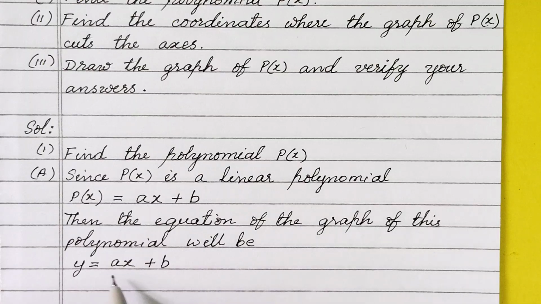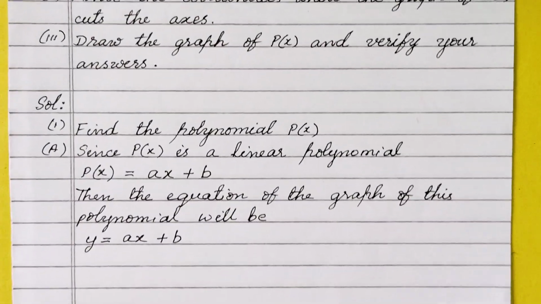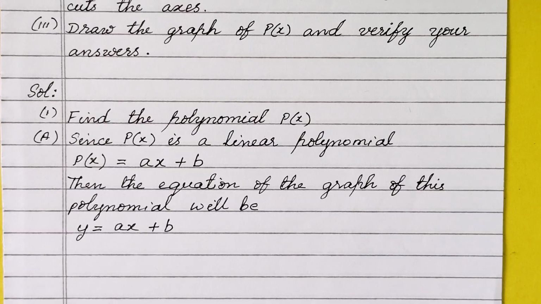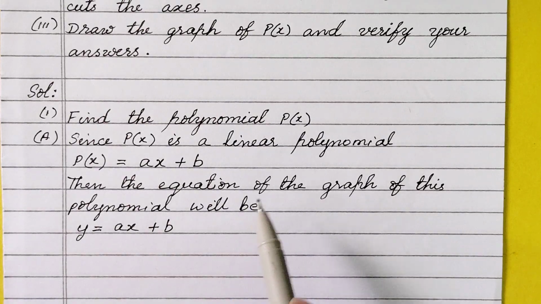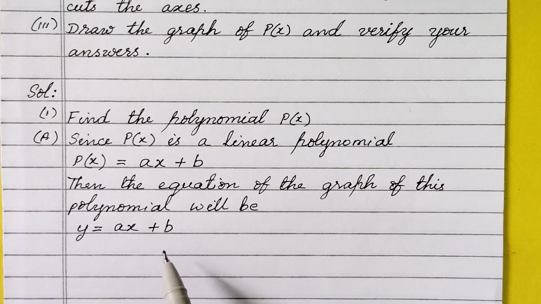So this is the equation of the graph of the polynomial, and this graph passes through points (1, 5) and (3, 11). By using those coordinates, we have to find the values of a and b.